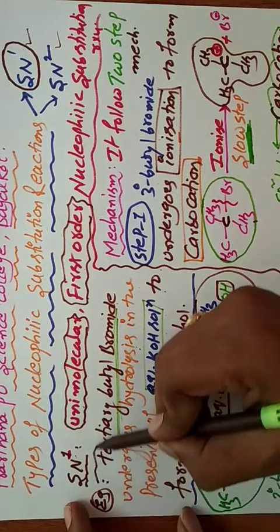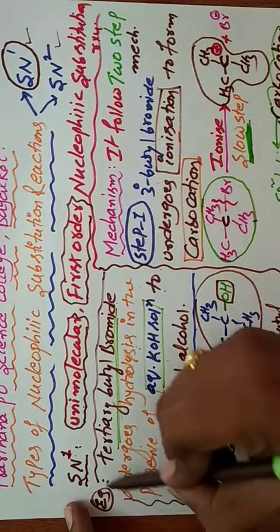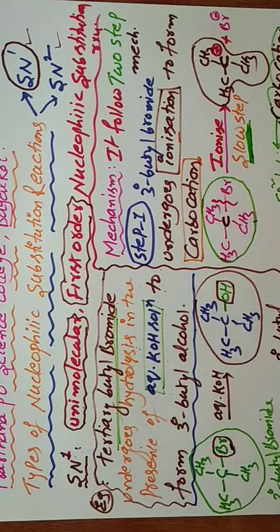By using this statement, we can now write the reaction. This is (CH3)3C-Br, tertiary butyl bromide. In the presence of aqueous KOH solution, the final product is tertiary butyl alcohol. The bromine place is occupied by the OH group. This is the final reaction.